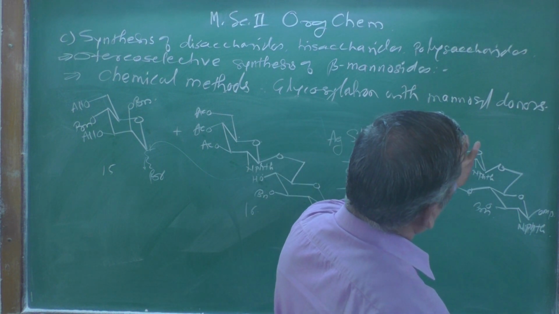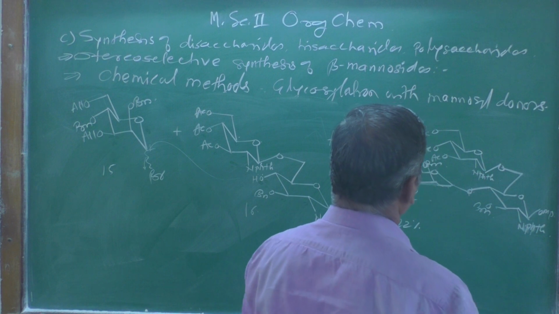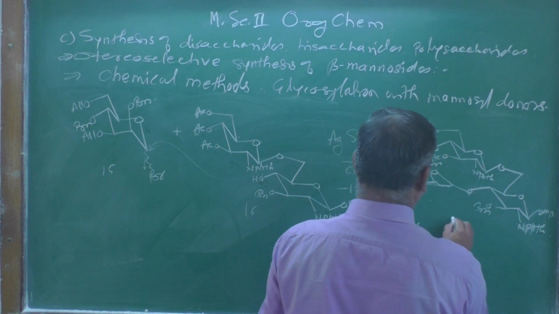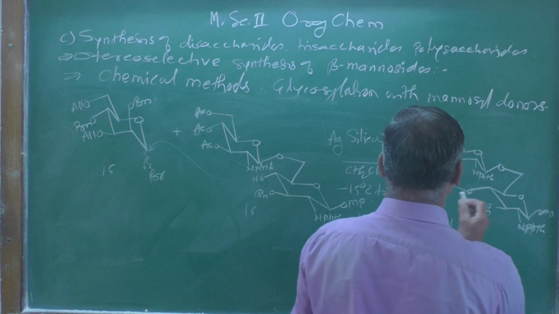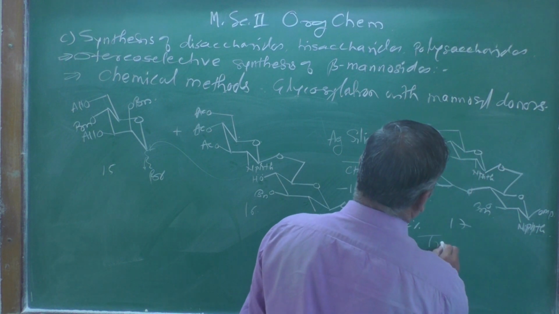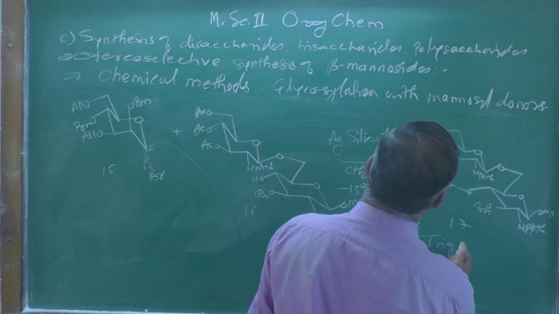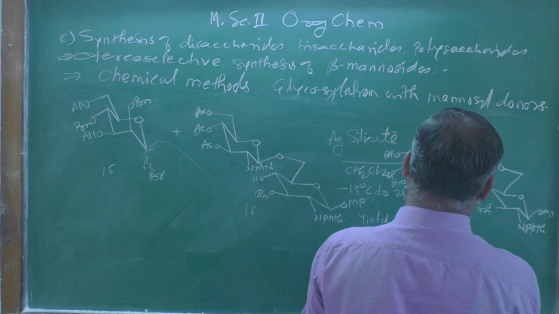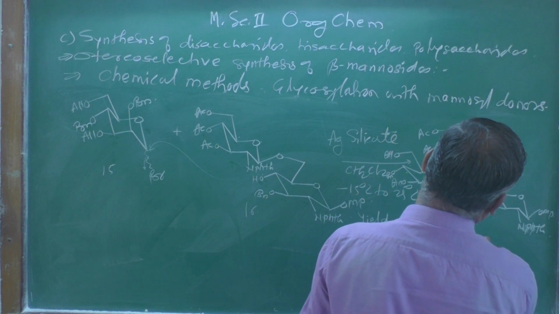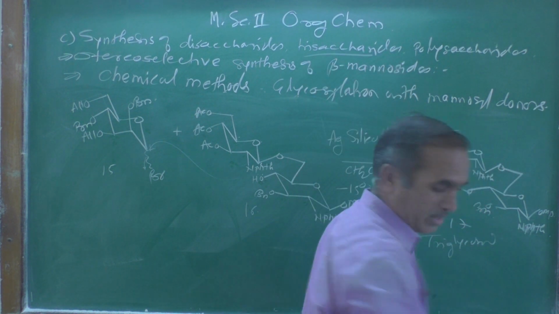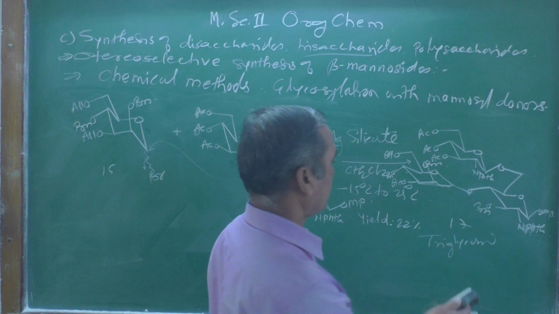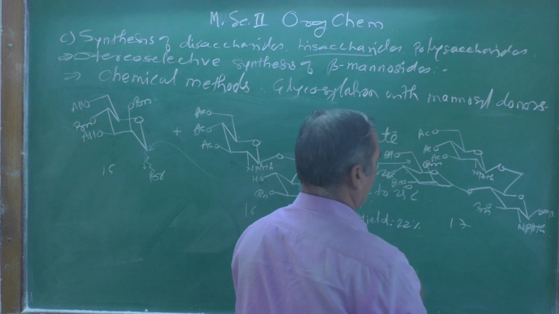There are 3 sugar units, and therefore this is structure number 17, and this structure number 17 is nothing but a triglycoside, or what we can call a trisaccharide. One can say it is a trisaccharide.